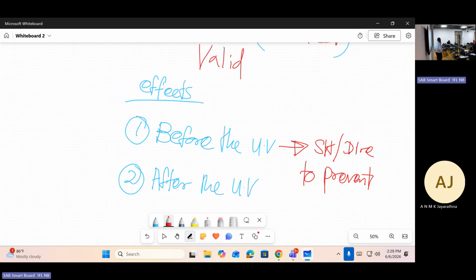Before engaging into an ultra vires transaction, suppose this company is going to engage into a contract for manufacturing goods.